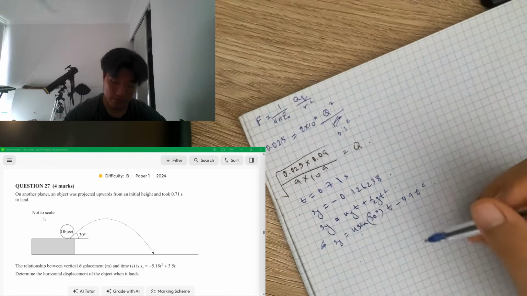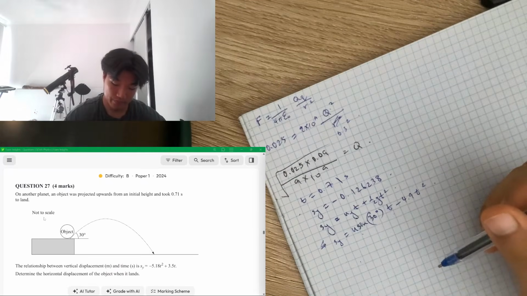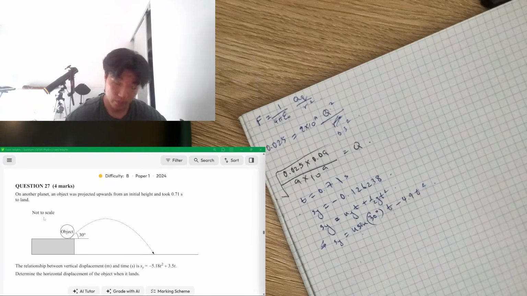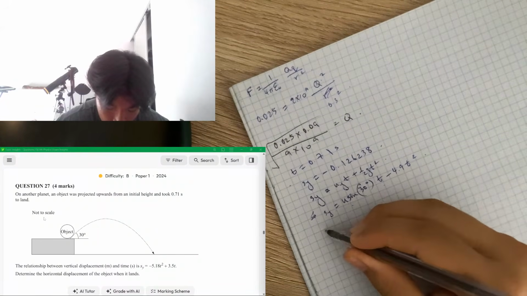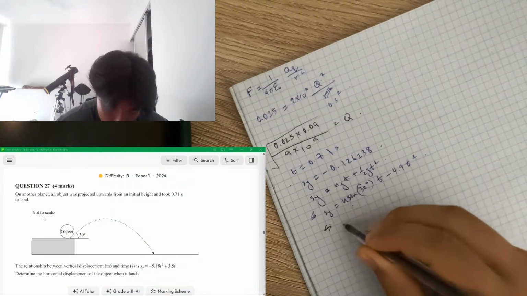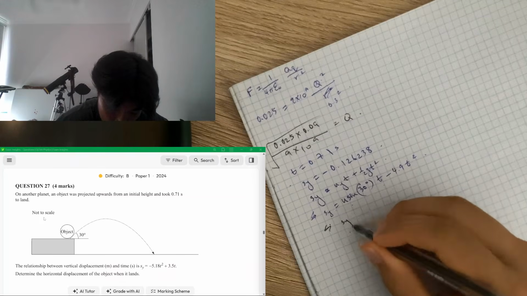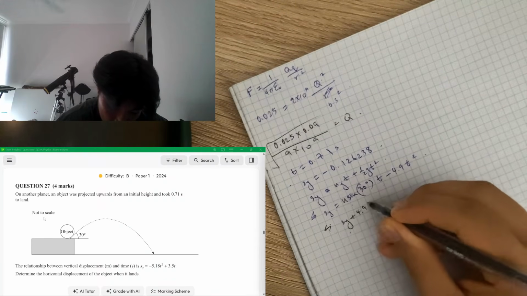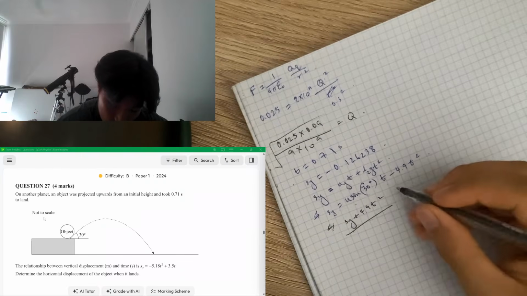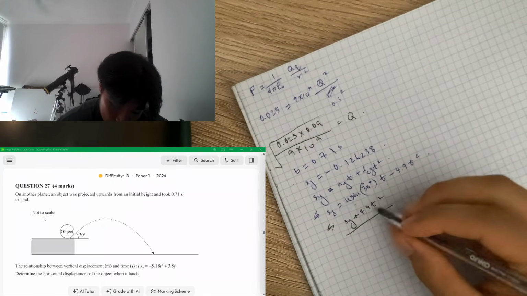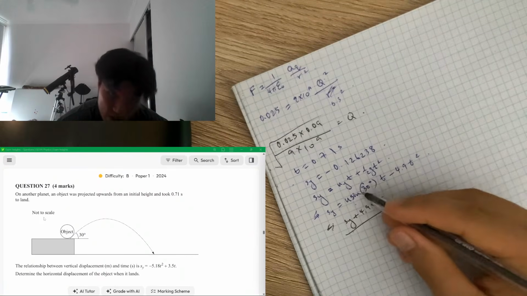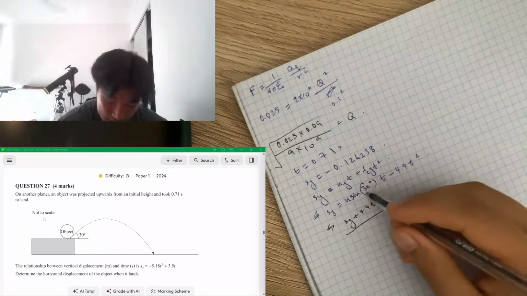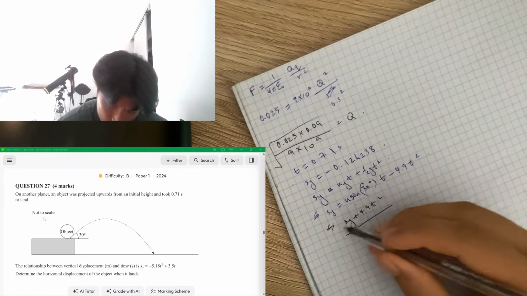So we know u equals, so s of y plus 4.9t squared, and then we divide it by, well, this is a half, right? So you're going to times it by 2.